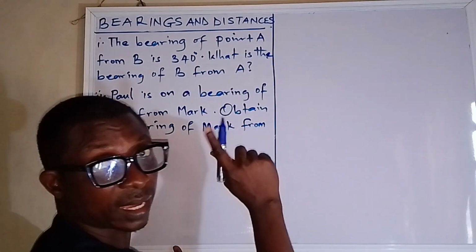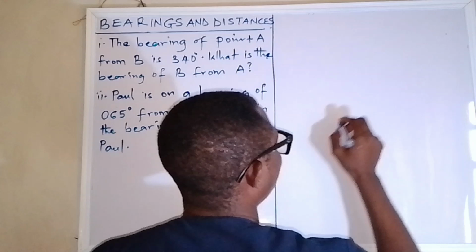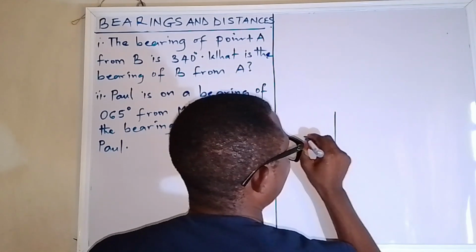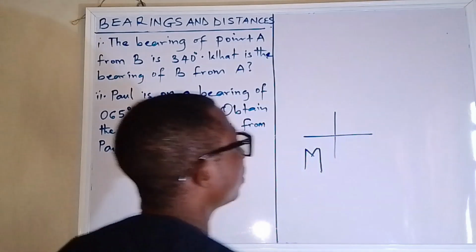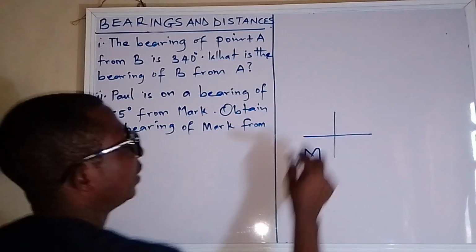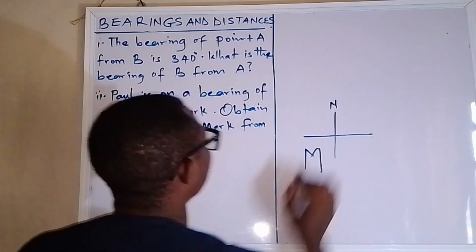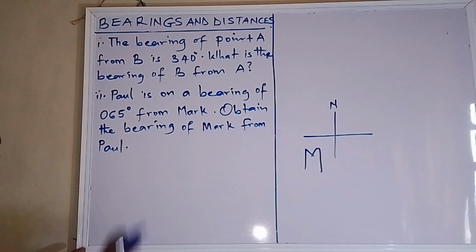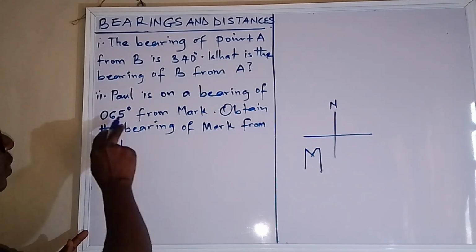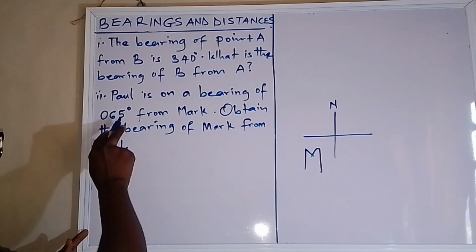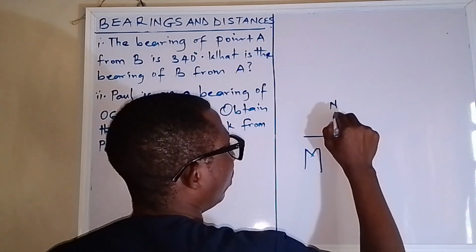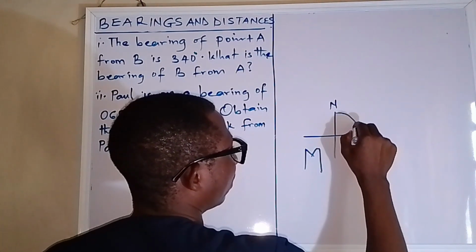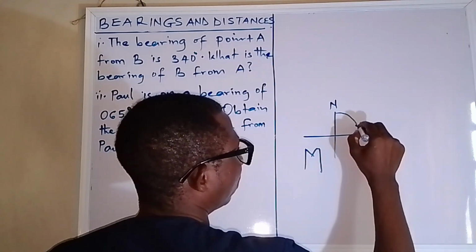So now let's locate the position of Mark. Now let's call Mark M. So Mark is around this place. This is Mark, and this is the North Pole. Okay, so now you are going to take a reading of 65 degrees. So you start from the North Pole, read 65. So 65 should be around this place.